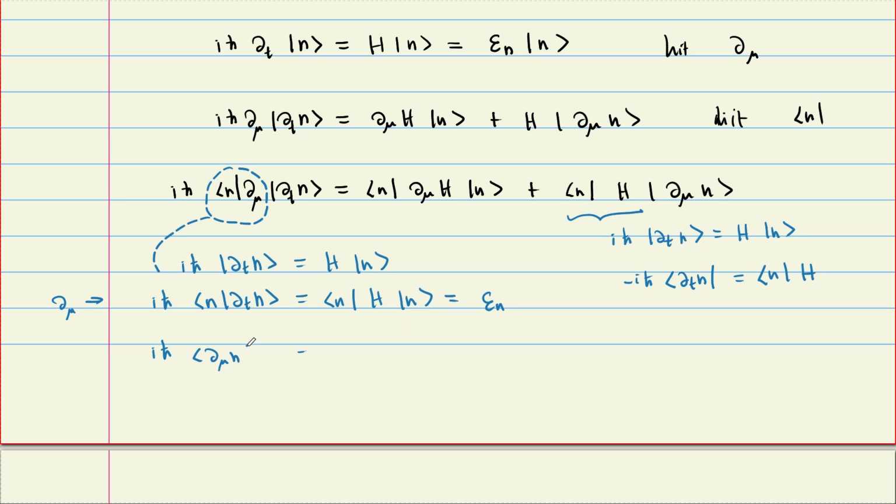Del mu n del t n plus i h bar n del mu del t n is equal to, I'll also act on here, del mu epsilon of n. This thing looks like, not at the moment, but to me it looks like the Berry connection. At least I can work with this.